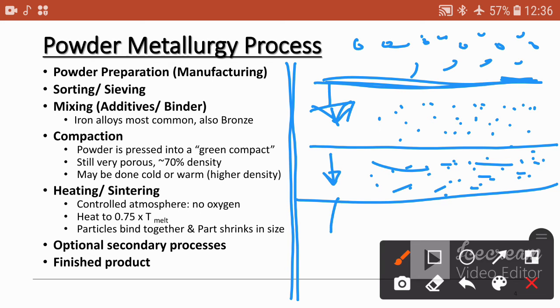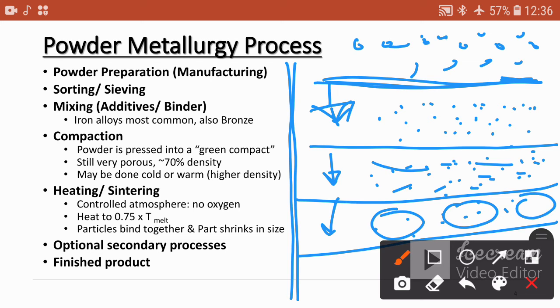Okay, and then we will compact these particles and make rotis by using this compaction, and then we will heat this compacted roti on tawa, and after that we have some secondary processes like adding ghee or oil on the chapati, those are the secondary processes, optional processes. Okay, and our finished product or our roti is prepared.